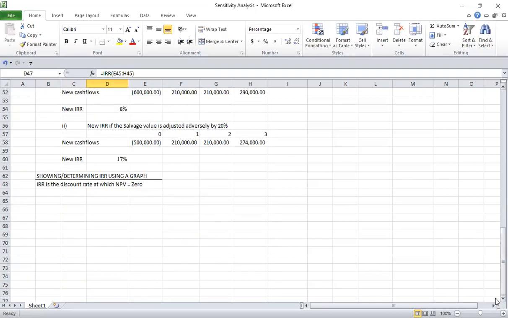Now this is what I want us to do. What is the relationship between the discount rate and NPV, in terms of what happens to NPV as we, for example, increase the discount rate?